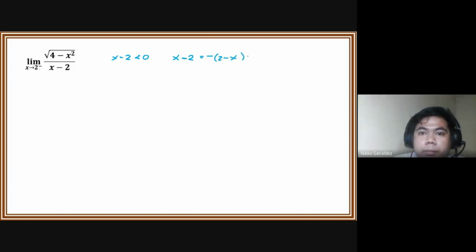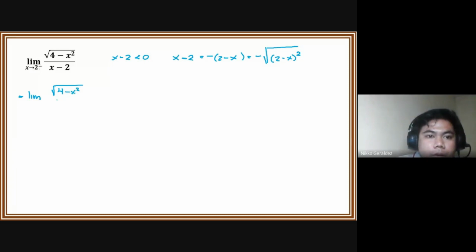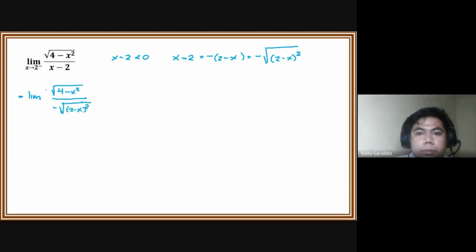Or we have negative square root of 2 minus x squared. And substitute the limit of square root of 4 minus x squared over x minus 2. That is negative square root of 2 minus x squared as x approaches 2 from the left.